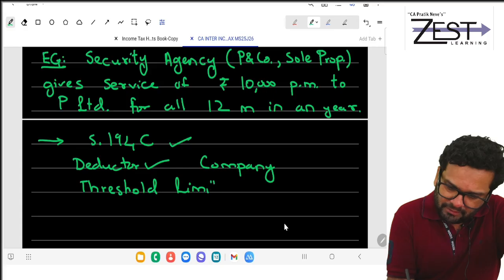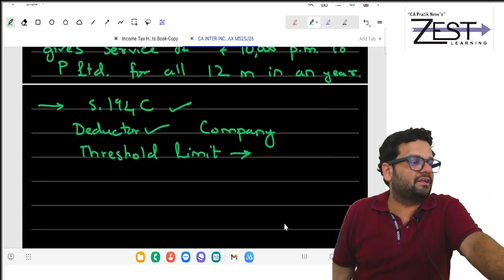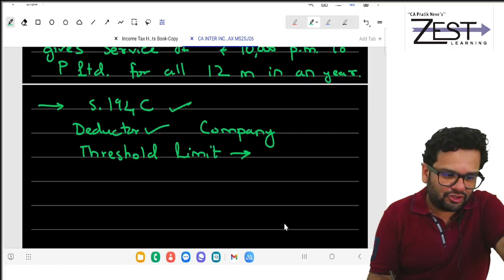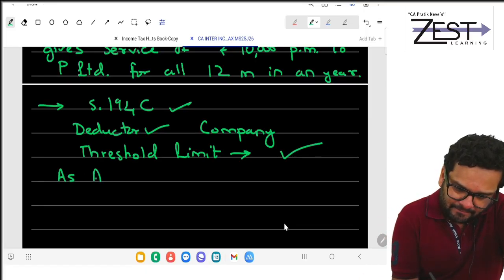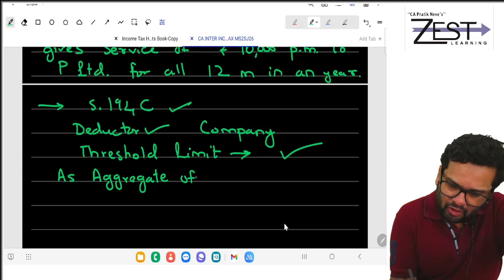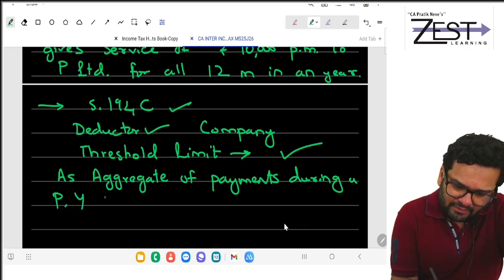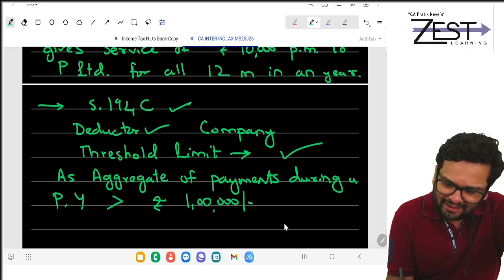Threshold limit will be aggregate of payments during the financial year exceeding rupees 1 lakh. So threshold limit is satisfied as aggregate of payments during a previous year exceeds rupees 1 lakh.